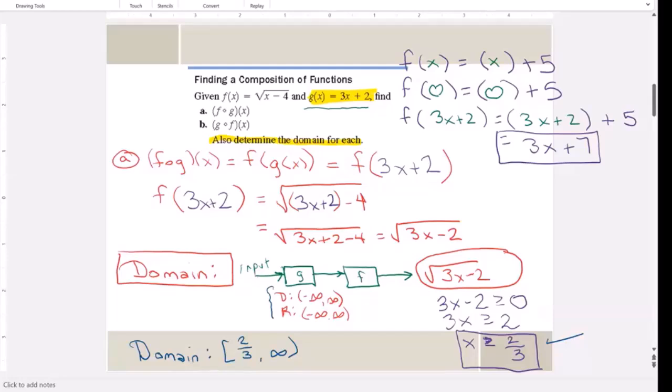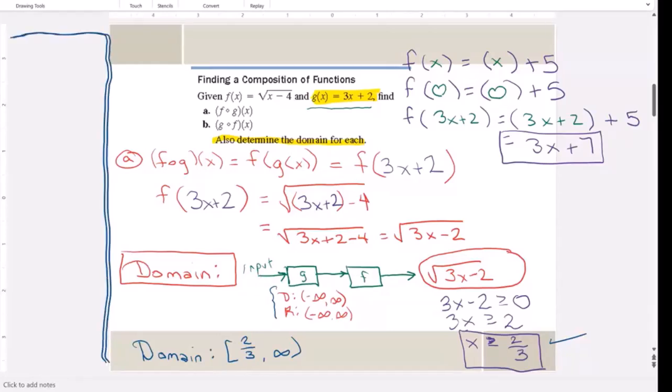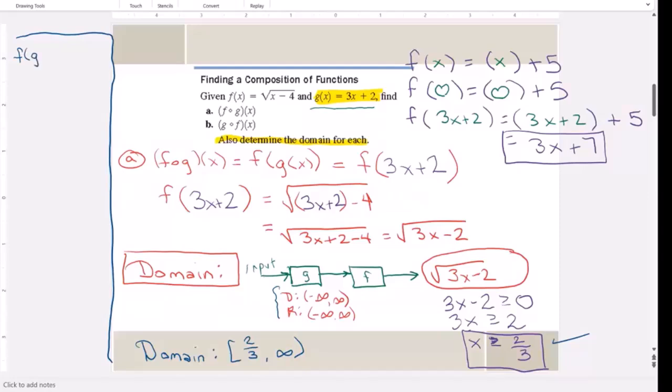So let's just test something. What if I put in 0 into my composition? So I have f of g of x, and we know it's equal to the square root of 3x minus 2.